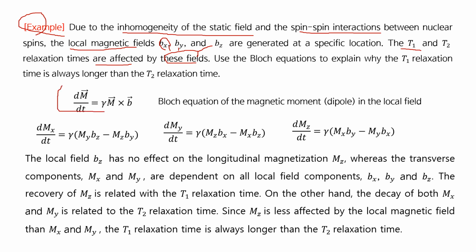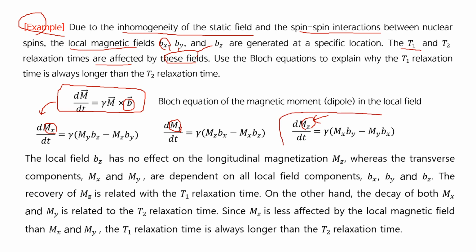So the Bloch equation is this one. This is local fields generated. We can decompose this equation into three XYZ components. Here Mz is related to the T1 relaxation time, and Mx and My are related to the T2 relaxation time. Okay.